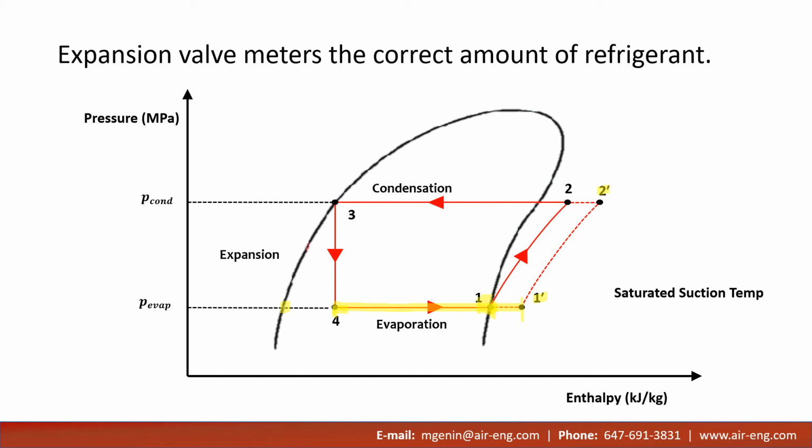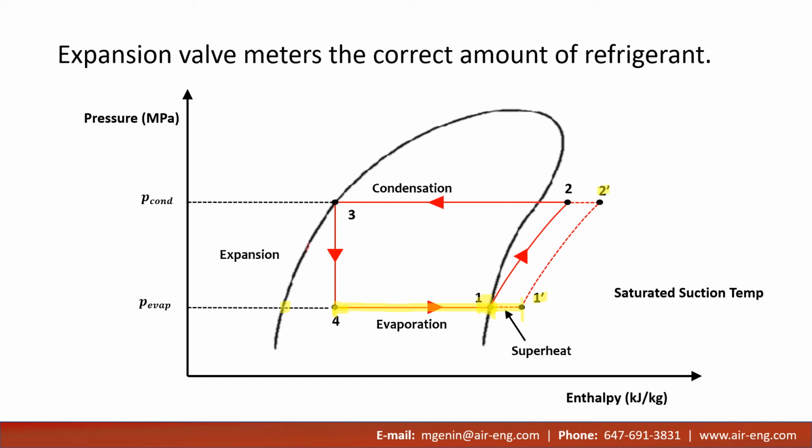And in this case, the expansion valve has closed and it's restricting the flow of refrigerant, so the cooling load remains mostly unchanged. So the expansion valve is closing to slow the flow rate of refrigerant into the evaporator so that we get more superheat.